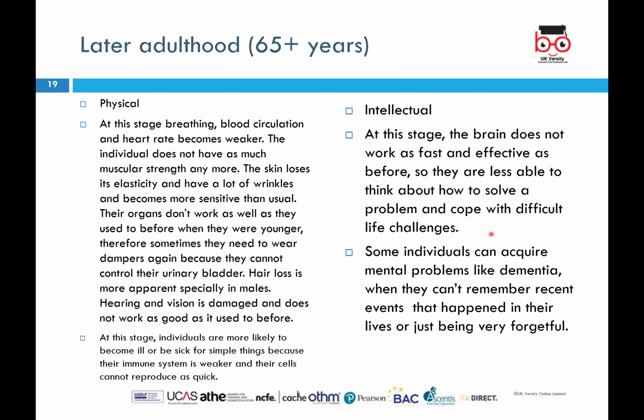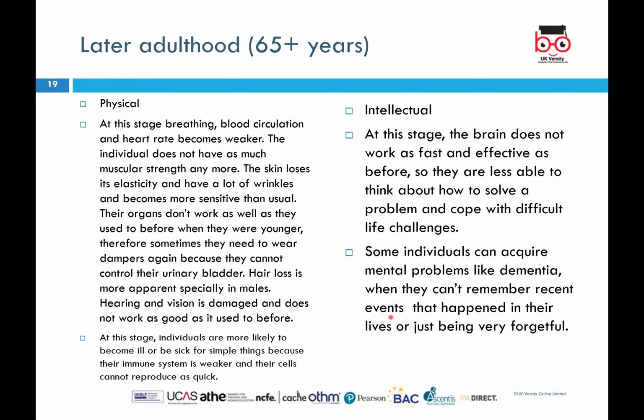This is because when they were children, they had the same problems, and now in later adulthood they have the same problems. Some individuals can acquire mental problems like dementia. We know of this when they can't remember recent events that happened in their lives, or are just very forgetful.